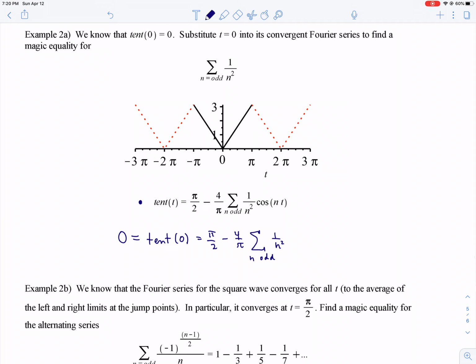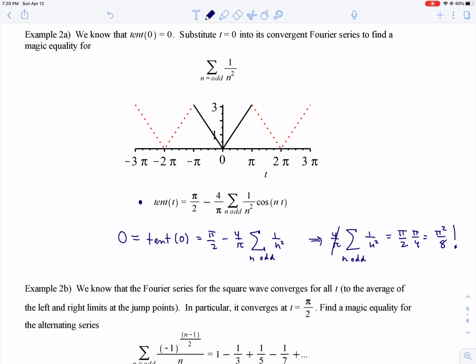So if I stare at this, I will see that 4 over pi times the sum over n odd of 1 over n squared is pi halves. I'm solving for the series. Then when I multiply by pi over 4, I get pi squared over 8.